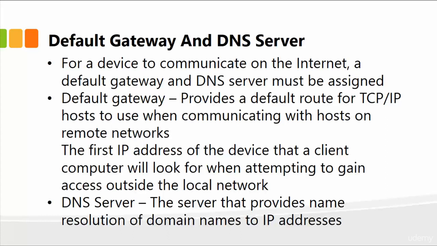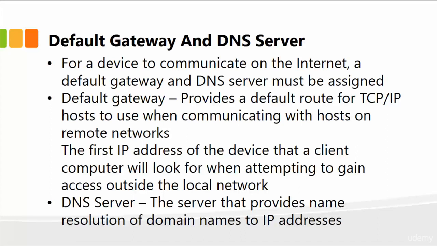The DNS server, on the other hand, is the server that provides name resolution of domain names to IP addresses. So for instance, you're browsing the internet and you go to Microsoft.com, for example. Well, that's text, right? That's not an IP address. It's very difficult to remember IP addresses because there are millions and millions of computer networks and hosts within each network.